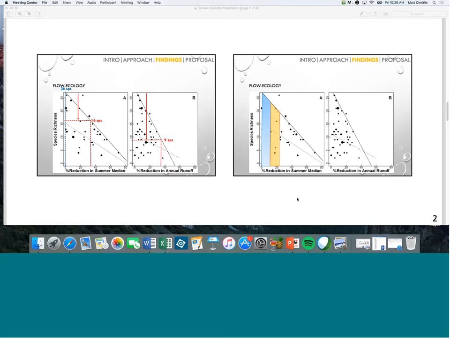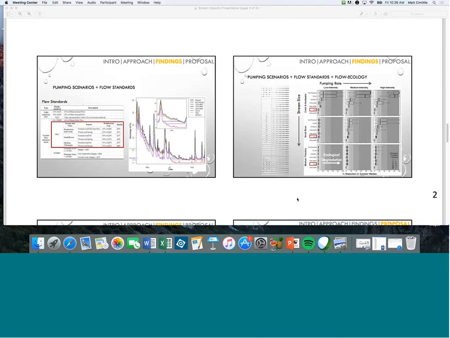So this slide is just to show you the number of different pumping scenarios in combination with different flow standards that we enforce when doing these withdrawal scenarios. The table on the left shows a list of our 6 flow standards that we implemented.